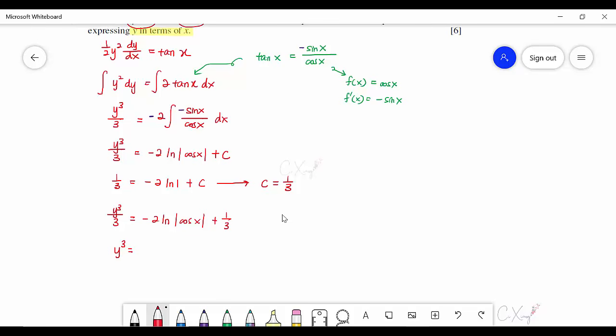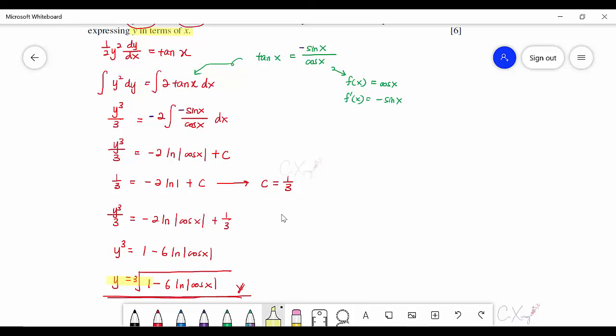So I have 1 minus 6 ln cos x. I move the 1 over 3 in front, then multiply by 3, which becomes a 1. Then I take a cube root on the right hand side, and it will become the cube root of 1 minus 6 ln cos x. And this is the equation of the curve that I have, written in y in terms of x.